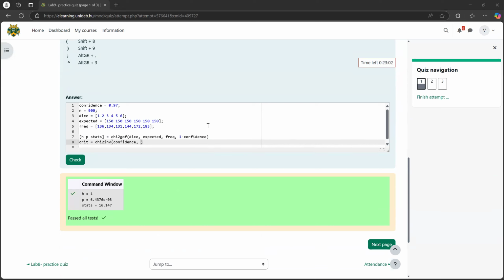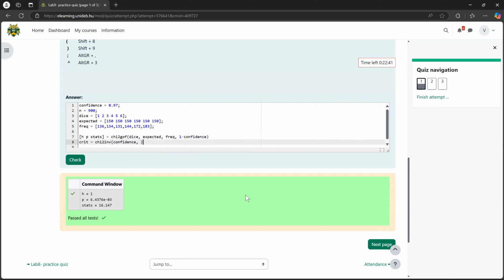It says the second operand was 1x8, which means I shouldn't have given expected as a string like this. I gave it like this before, but I shouldn't have done that. I should have just passed in the parameters: the dice, the expected, the frequency, and the alpha.